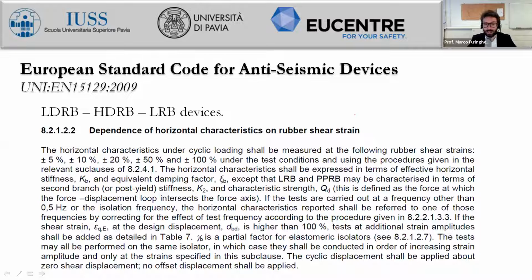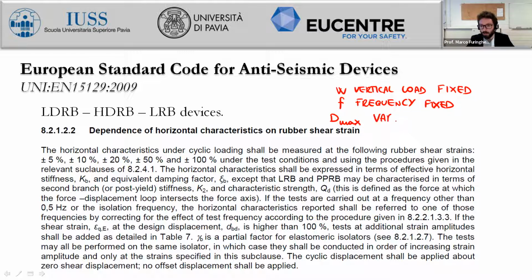So what this means is that we fix the vertical load, we fix also the frequency of the motion, which is directly related to the maximum velocity, and then we vary the maximum displacement according to these values: plus and minus 5%, 10%, 20%, 50%, and 100% under test conditions using the procedures given.